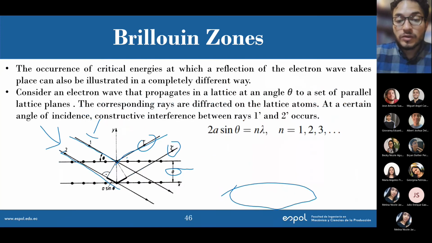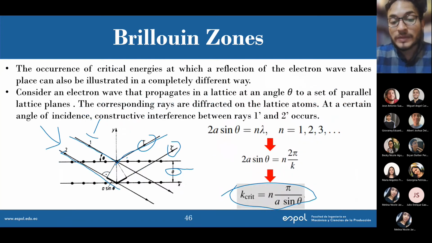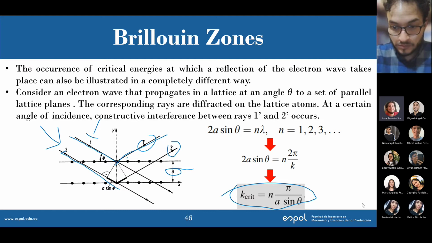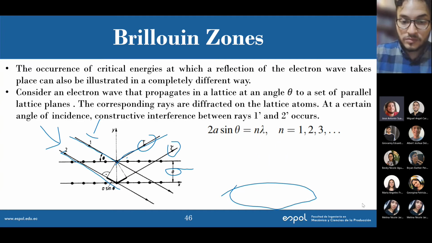Now, use 45 degrees. What happens if theta equals 45 degrees? The sine is square root of 2 over 2. We have the maximum energy with critical k.